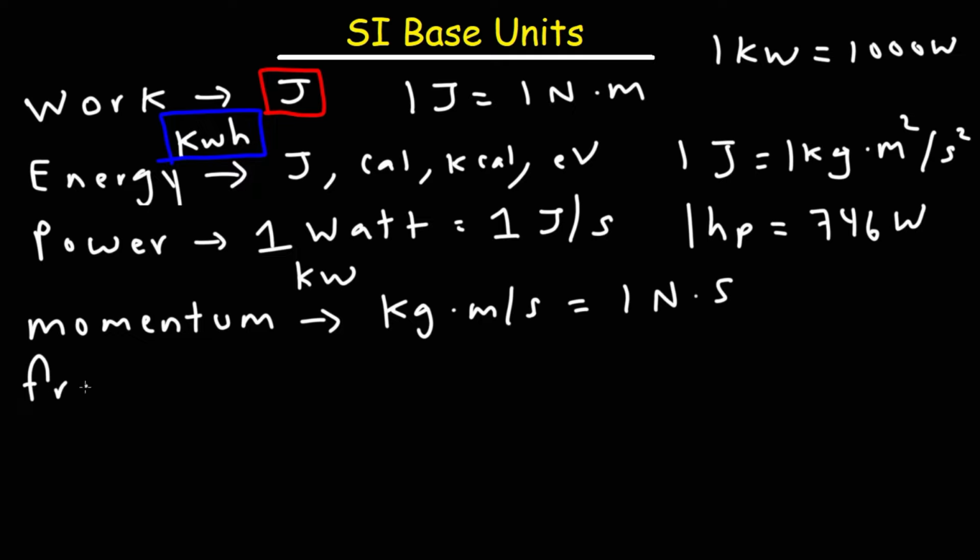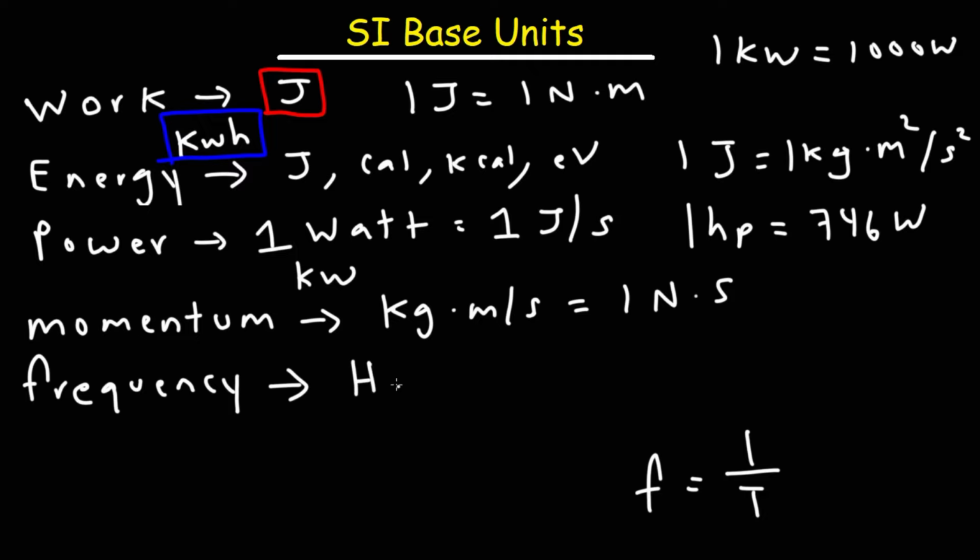Now let's talk about frequency. You're going to encounter this topic when dealing with waves. It could be light waves, sound waves, or even a simple pendulum. Frequency is equal to 1 over the period. The period is the time it takes to complete one cycle. The frequency is the number of cycles that occur per second.